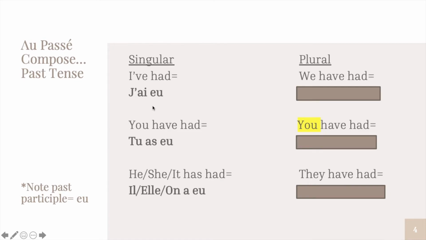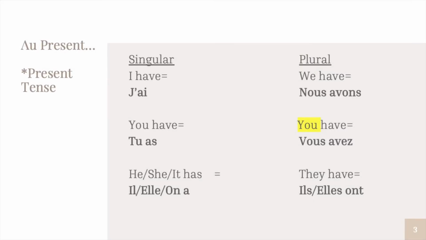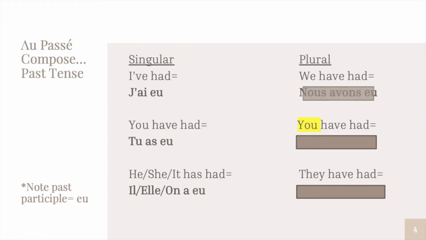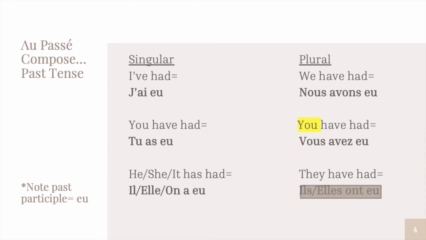So for example, if we go back, you see how this is the same. So it's kind of like you are conjugating it in the present tense again, but you're adding the past participle eu. So you just kind of need to think of it like that. I think you just would add this at the end and then just conjugate it as normal.